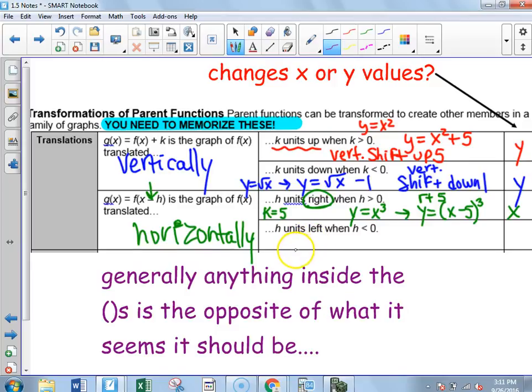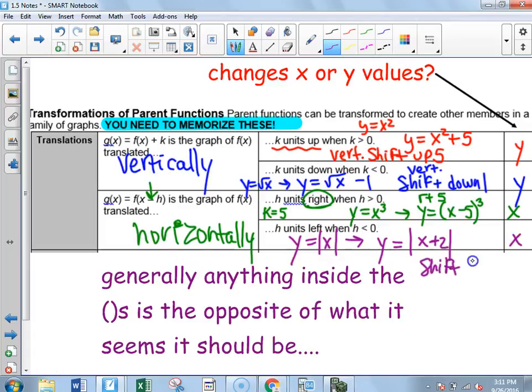So let's see, what have we not done? We did a square, how about an absolute value? So if you had y equals absolute value of x, and it became y equals absolute value of x plus 2, what would that do? Yep, it would change x values and it would shift it which way?